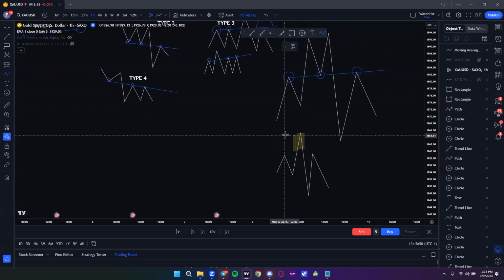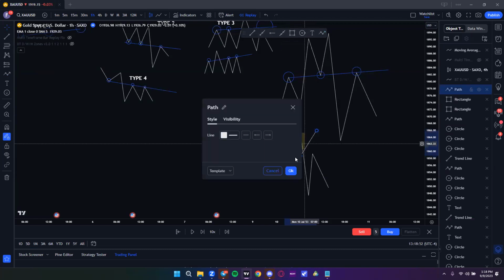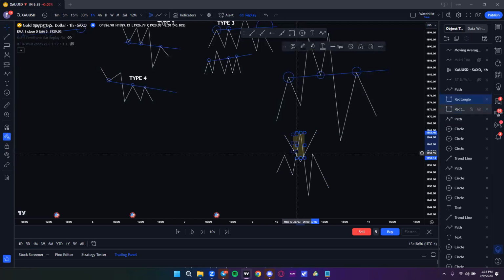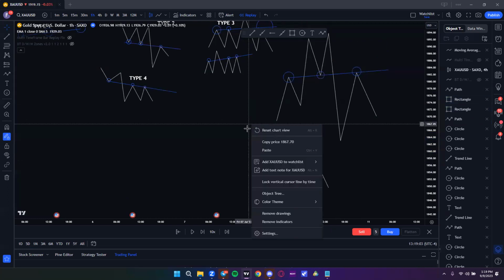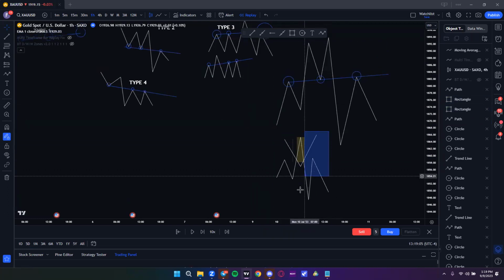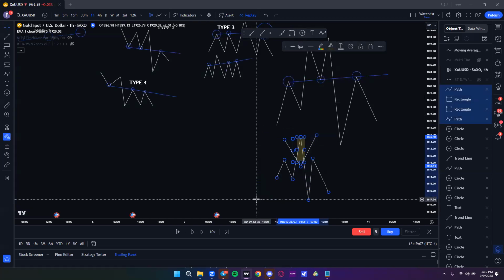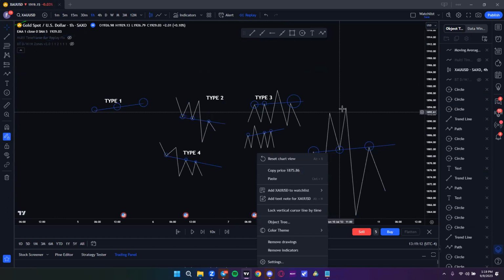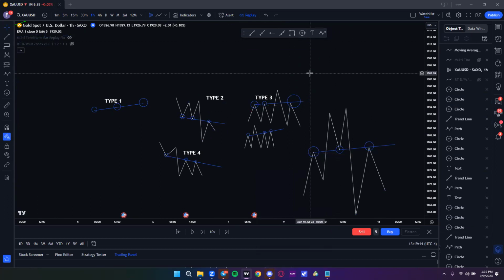I'll show you examples in a sec. It'll push down like that, and then you can connect it and get the entry here. So those are our trend lines. Again, I'll send you a PDF of what they look like, and it's a cleaner look of them.